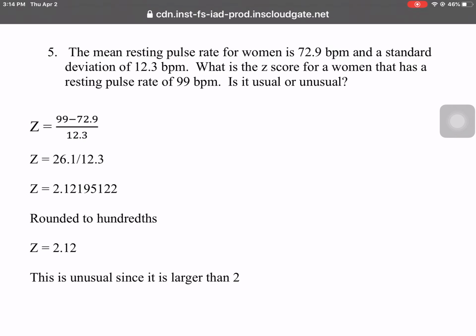We take 99, we subtract the mean of 72.9, divide by the standard deviation, and round to hundredths. The 2 that's in the hundredths has a 1 to the right, so it stays 2.12. So this is unusual since it's larger than 2. Okay, so this person has an unusually high resting pulse rate.